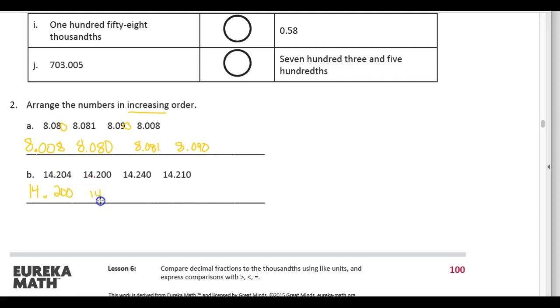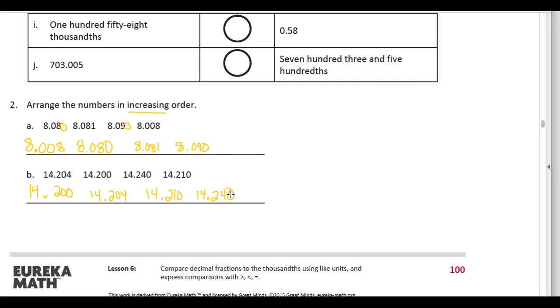Here's your 14, your "and," and your 204. Here's your 14, here's your "and," and then we had 14 last, or 4, 204. Now we're at 210, and then our last one, here's your 14, your "and," and here's 240.